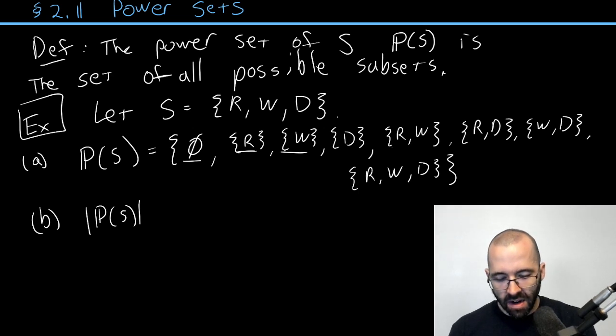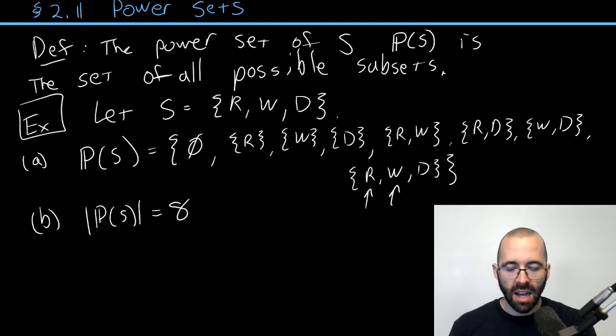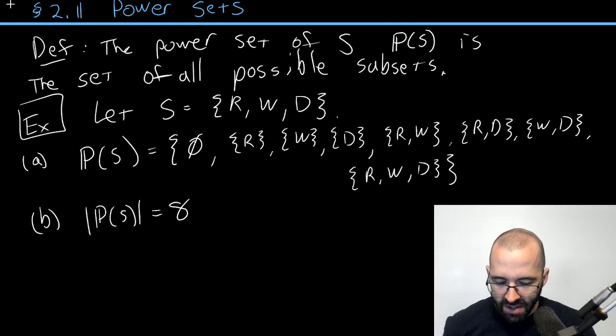All right, there are 8 elements of this set. Again, we're not counting each individual letter. We're counting how many elements the power set has. And the power set, of course, has sets as its elements. Okay. All right, so that's our answer here.